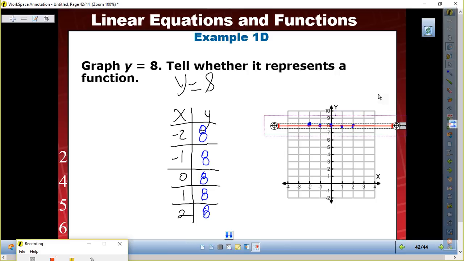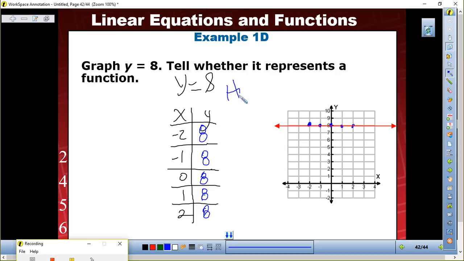And what do you guys notice? It goes through all those points, but it's one kind of line. It's a horizontal line. All right? So now let me ask you this.